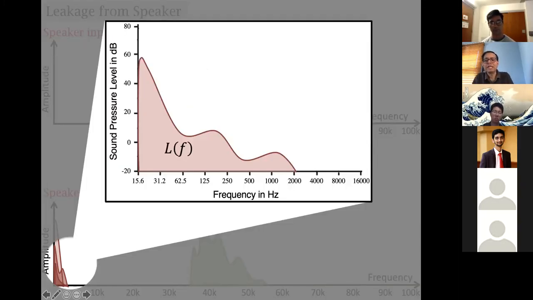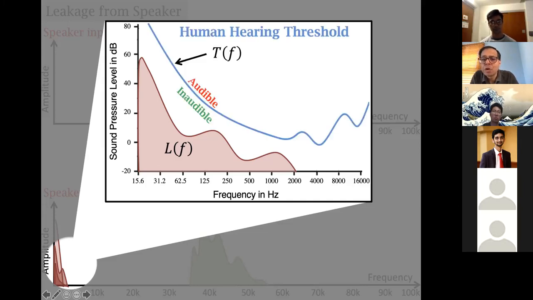Now, fortunately, it turns out, or maybe unfortunately, humans do not hear very well at low frequencies, right? So if this red signal is your leakage frequency, humans have this audible curve, this blue one, which is at lower frequencies, you need to give much more power for humans to hear. At higher than 2000 hertz, 2 kilohertz, humans hear even at lower powers.